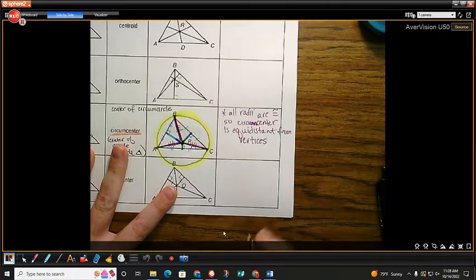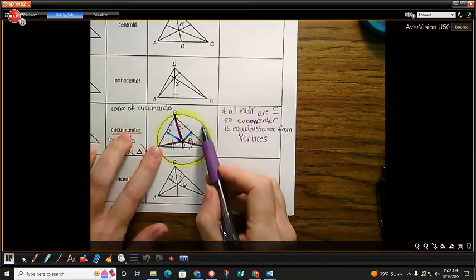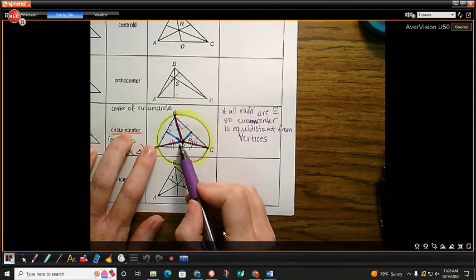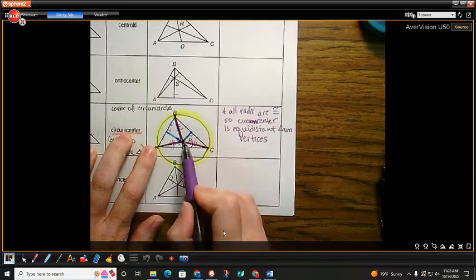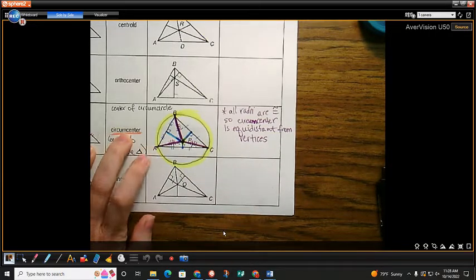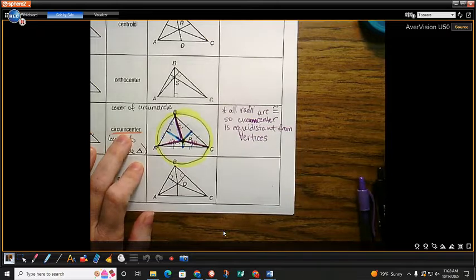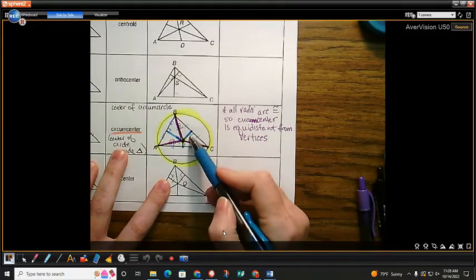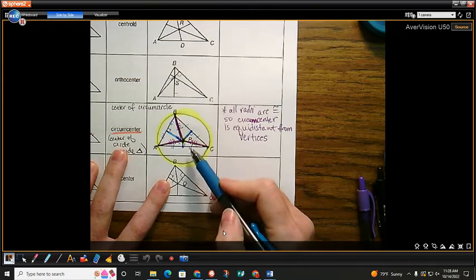Okay? And so let's double check that. The circumcircle goes through the vertices. The circumcenter is the center of that circle. So all these distances have to be equal. Now, are all the perpendicular bisectors equal? Do all those perpendicular bisectors look equal to you? No. They do not.